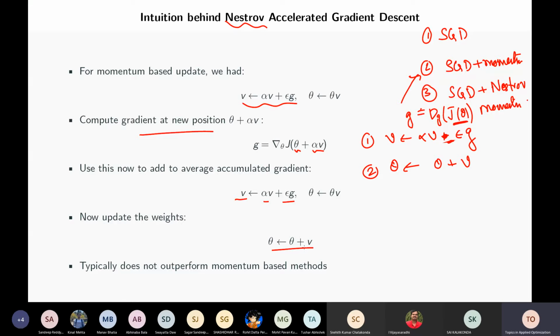So there is this slight change for the Nesterov case: you compute the gradient on the updated theta, not on the old theta. It turns out that Nesterov and standard momentum work in a very similar way. It's just that it may be one step faster.